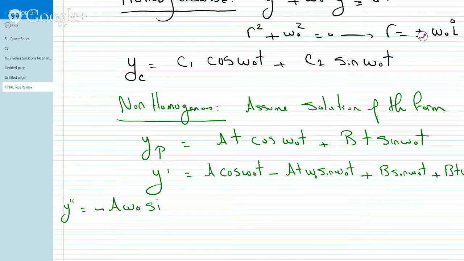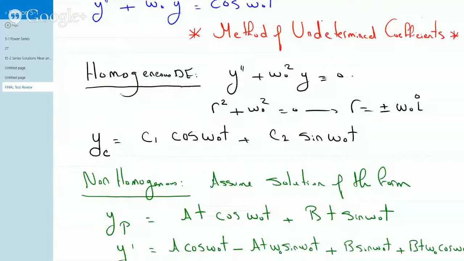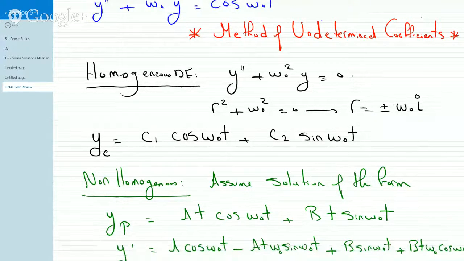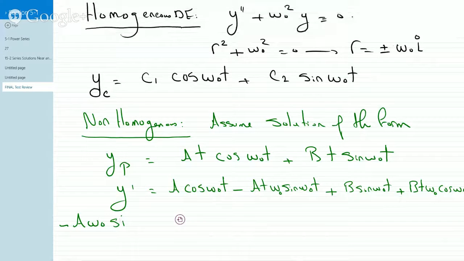The only thing is, when you did your homogeneous, and that's why we did the homogeneous, to figure out what the complementary is, it turned out that we got cosines and sines in the complementary. So you would have to modify the particular. Instead of sines and cosines, now you have to have t cosines and t sines. You multiply it by t, because it repeats.